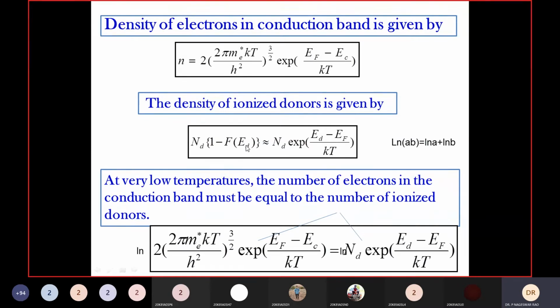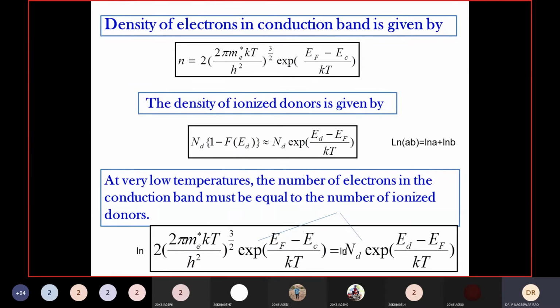f of Ed is the probability of finding an electron in the donor level. But 1 minus f of Ed means how many electrons are escaping from the donor level.